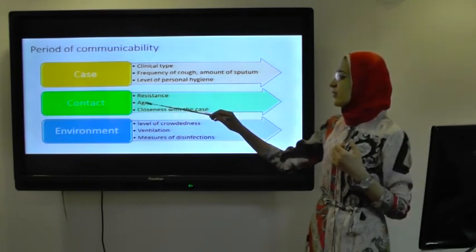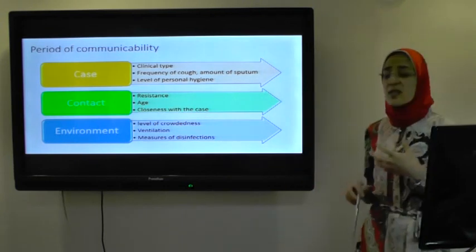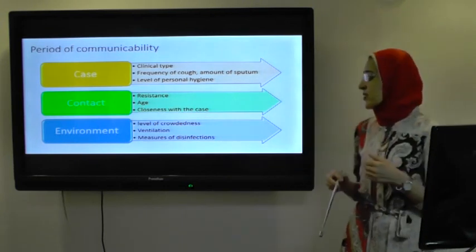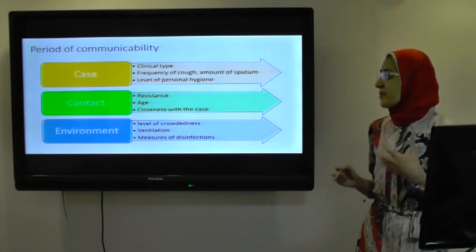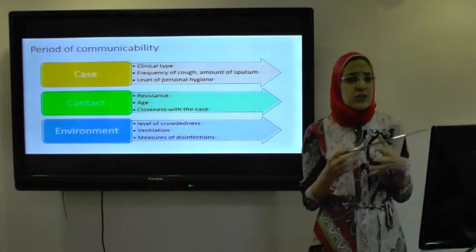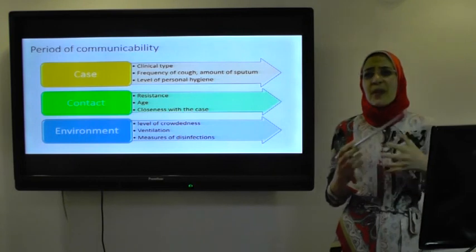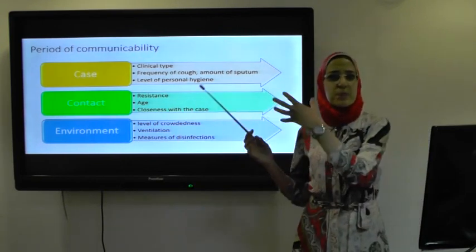Characteristics related to the contact include his immunity status and resistance, his age, his medical condition, and his closeness with the case. I mean, how many times he has been exposed to this patient.